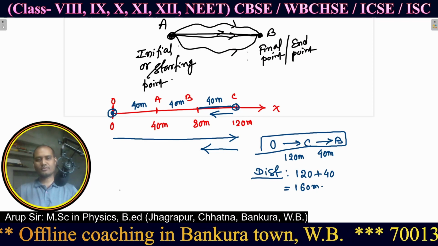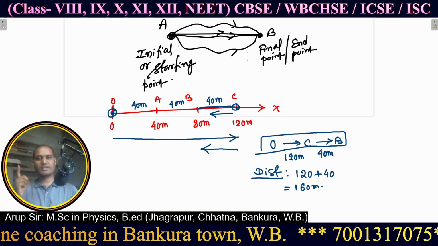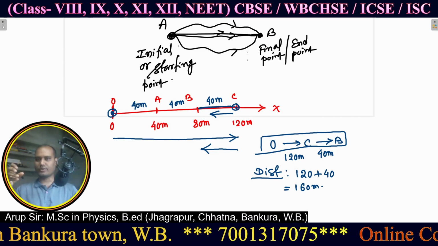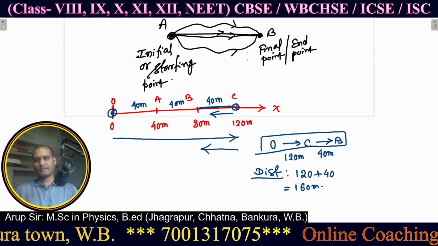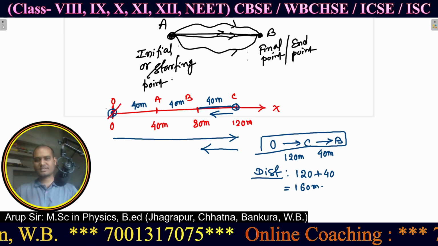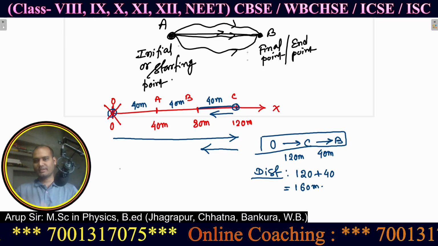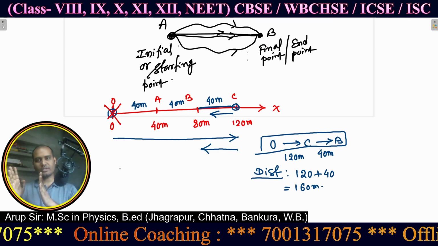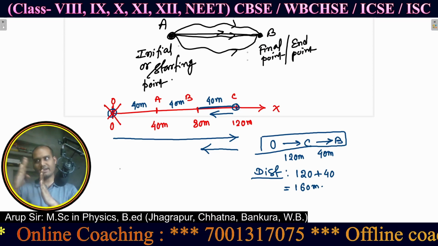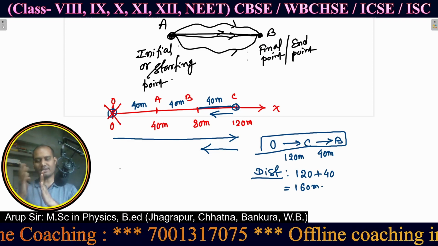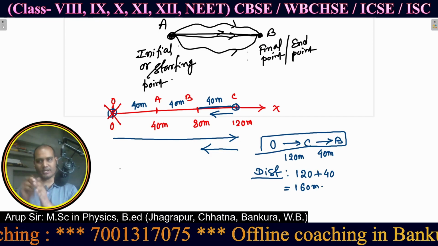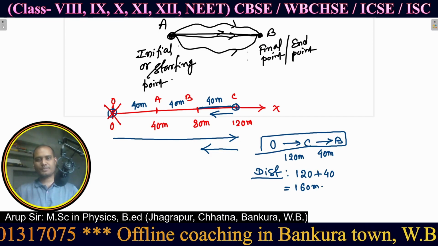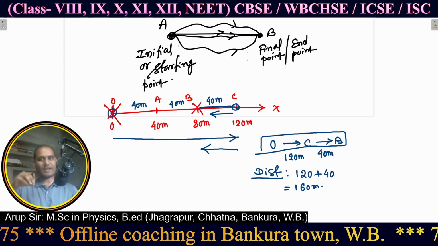How can you calculate displacement? I have already mentioned 2 points, initial and final points. See, the object was starting from O, and after going to C, no problem, finally it is stopping at the point B. After going to C, it is stopping at the point B, means B point is the final point.